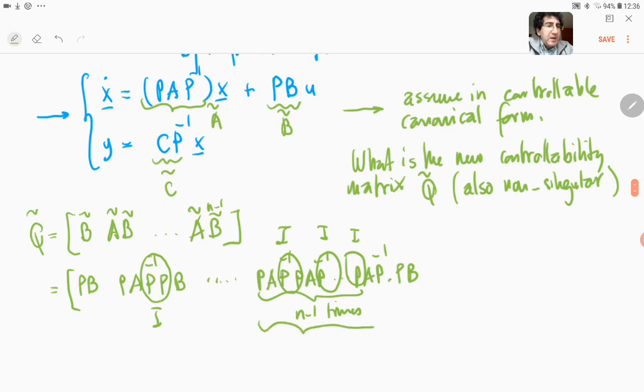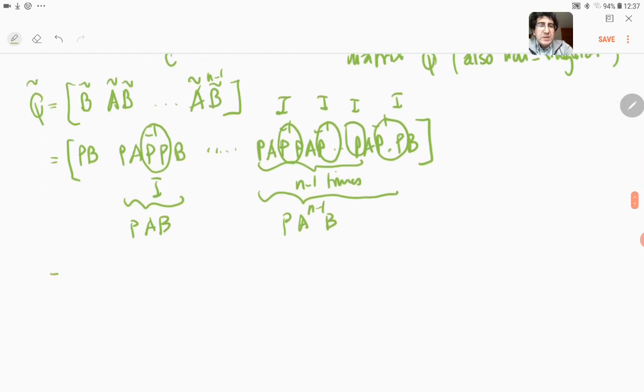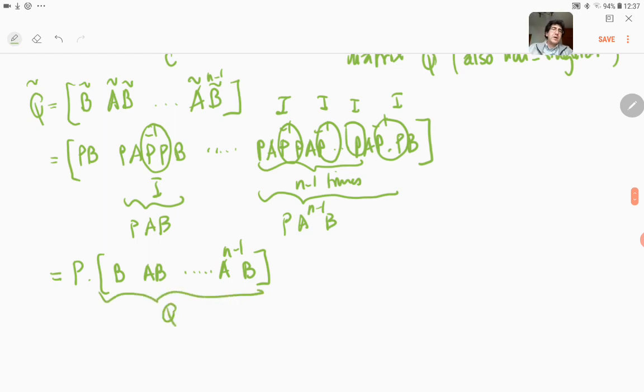So this whole thing becomes P A to the power n minus 1 B. Also, this, for example, is P A B. So this whole thing becomes essentially P times B, AB, up to A to the power n minus 1 B, which is nothing but our original controllability matrix.